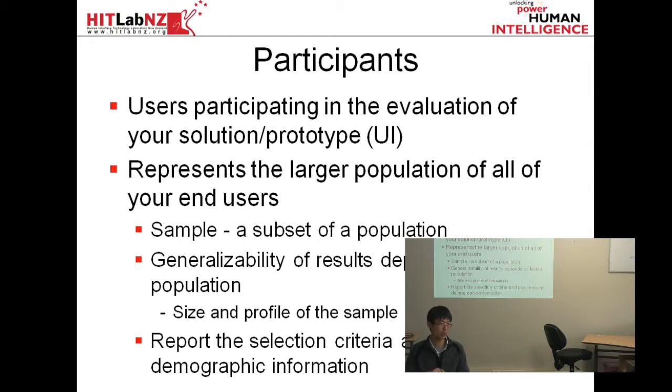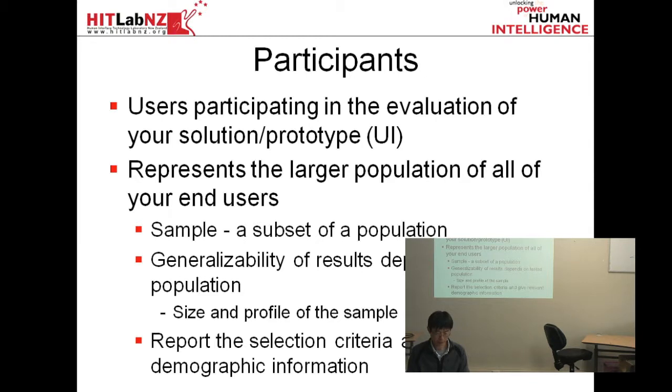So if you had like 100 people in your study, then there's more chance that your findings could be generalizable. But on the other hand, if you had only 5 or so participants, then there's a higher chance that what you find might not be true in general for the whole users out in the world.